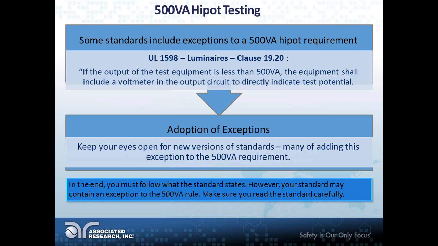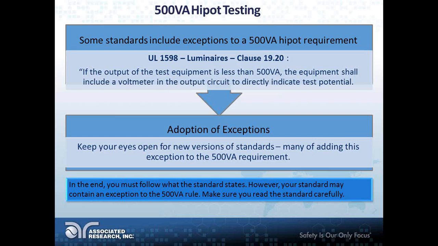Okay, so like we just discussed, some standards include exceptions to a 500 VA Hipot requirement. Right out of the standard UL 1598 for luminaires, clause 19.20, these are the words from the standard: "If the output of the test equipment is less than 500 VA, the equipment shall include a voltmeter in the output circuit to directly indicate test potential."